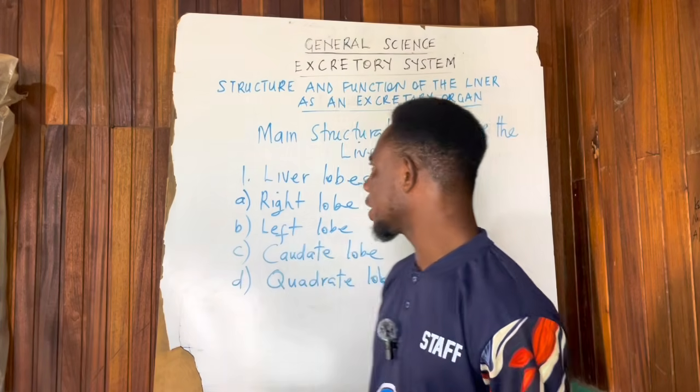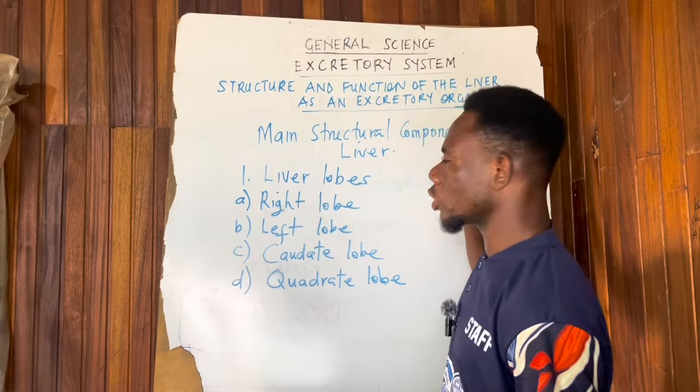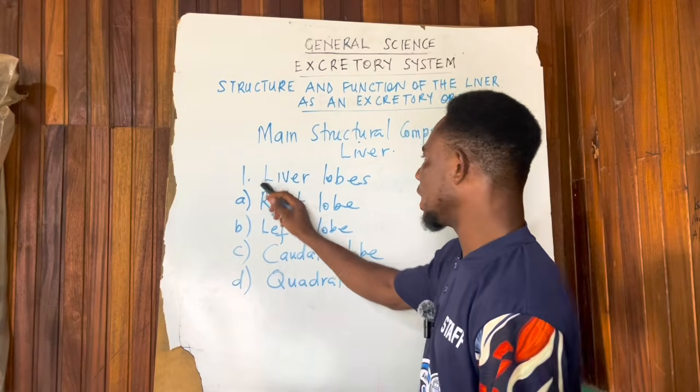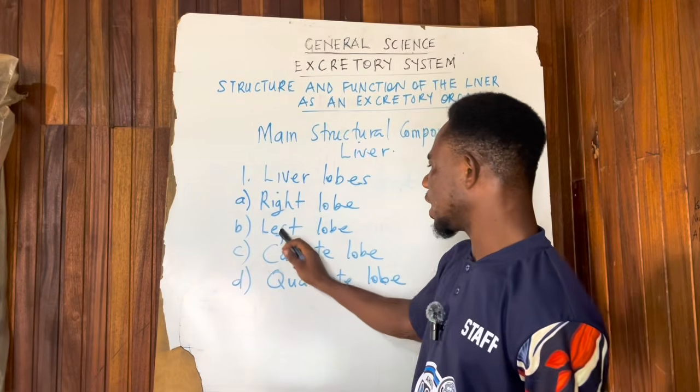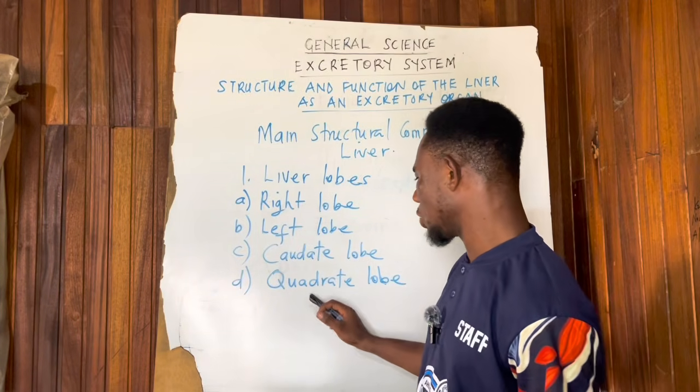Don't forget, we said the main structural component of the liver. We have one, the liver lobes. And under the liver lobes, we have the right lobe, the left lobe, caudate lobe, and the quadrate lobe.